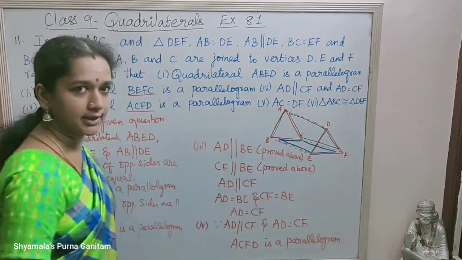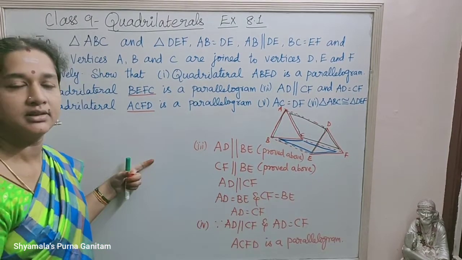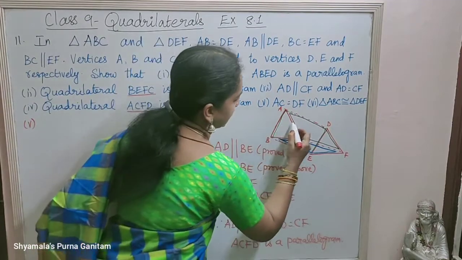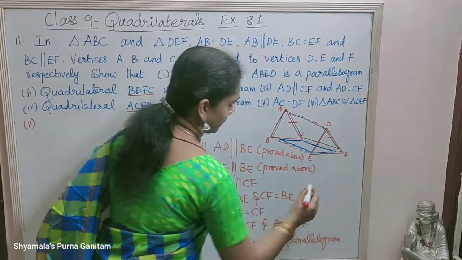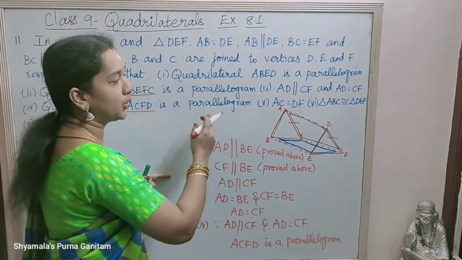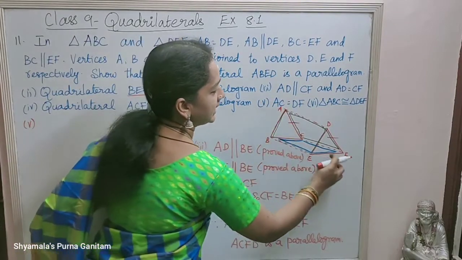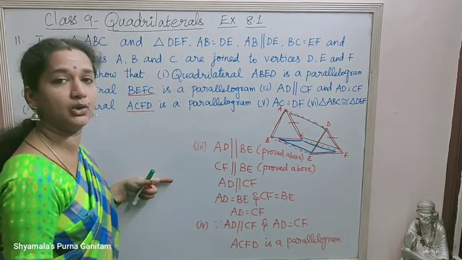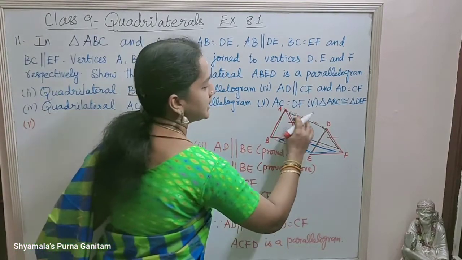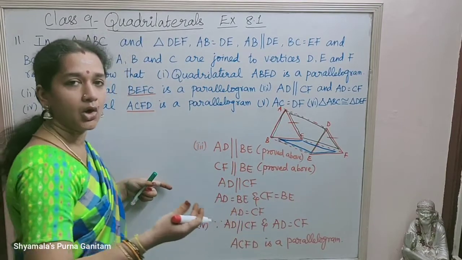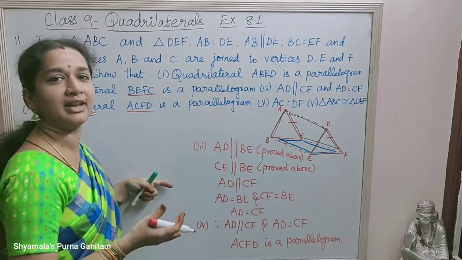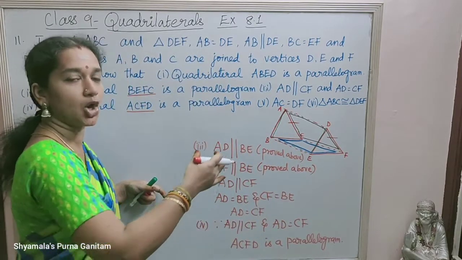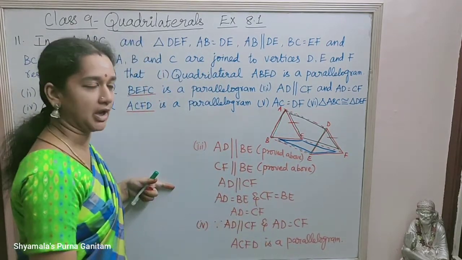Then two more things are there that we will do now. So now the fifth one is AC is equal to DF. So this side AC and DF. We have proved that ACFD is a parallelogram. So since it is a parallelogram, opposite sides are parallel and equal. So these two sides form the opposite sides of the parallelogram that we have proved.